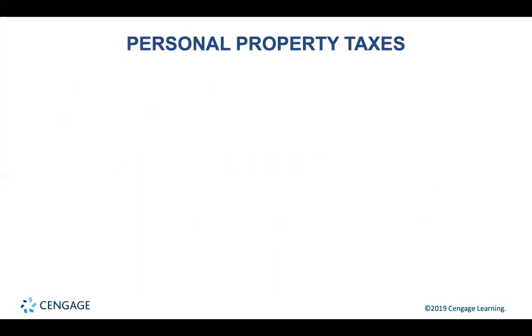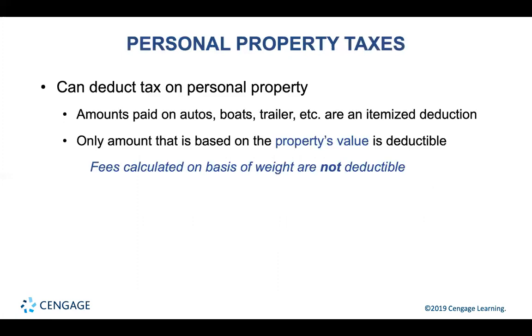Personal property taxes. To be deductible as personal property taxes, they must be levied based on the value of the property. Taxes of a fixed amount or those calculated on a basis other than value are not deductible. For example, in North Carolina, when we renew our taxes on our vehicles, we pay the registration fee and then we pay a tax based on the value.